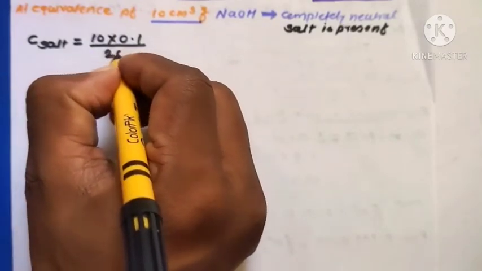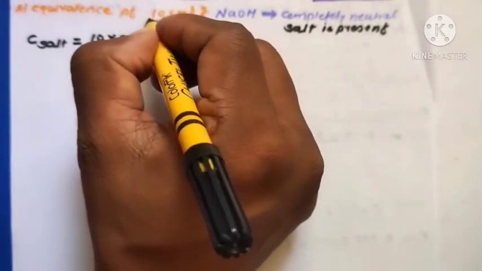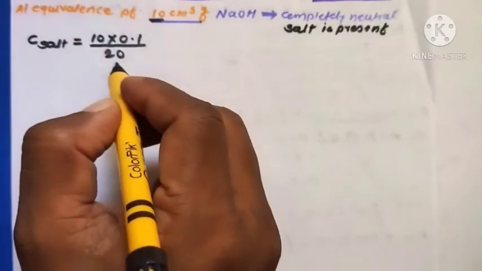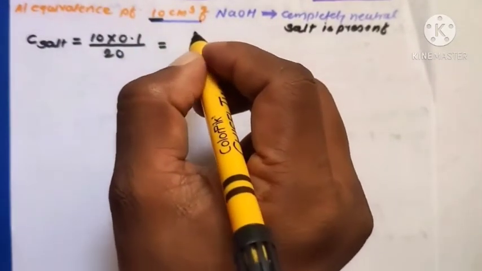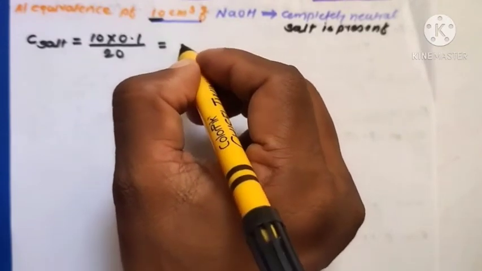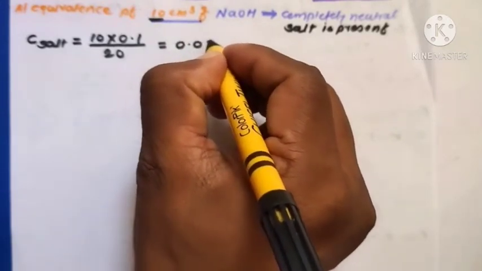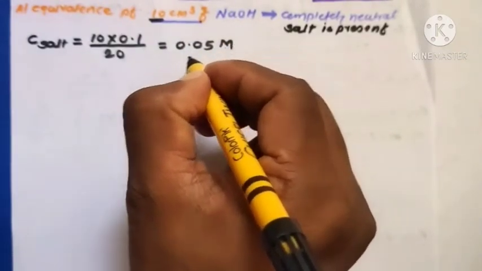The total volume, that is, these 10 cm cube and the already present 10 cm cube, therefore 20. Now the concentration of salt will be 0.05 molar.